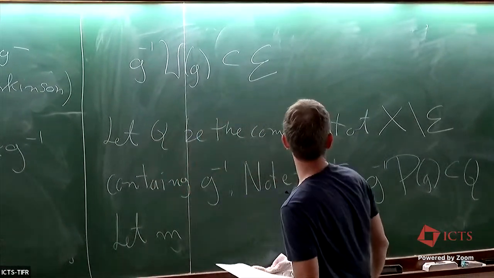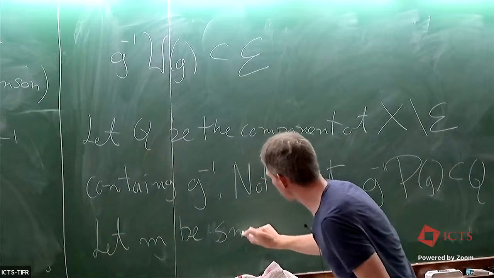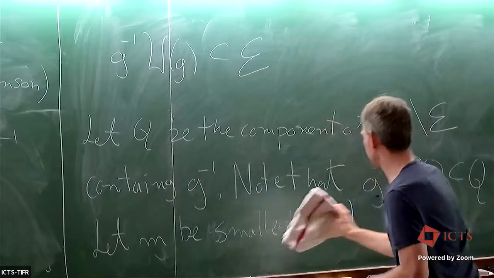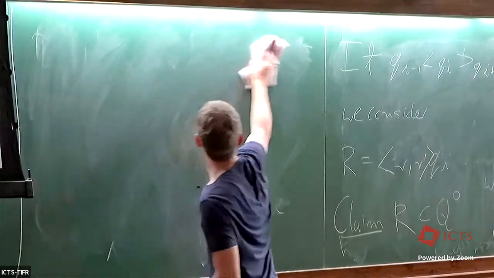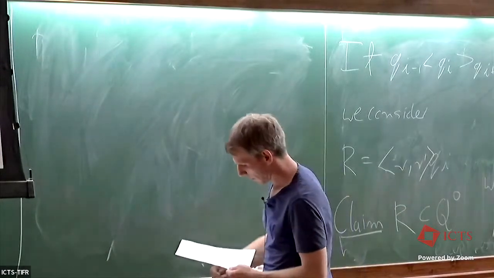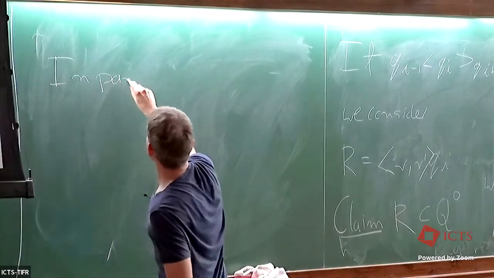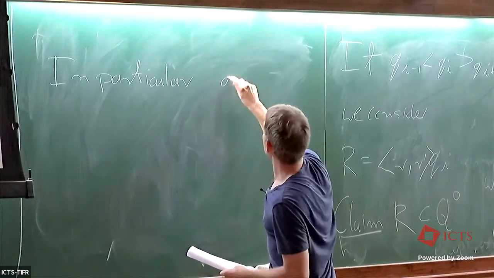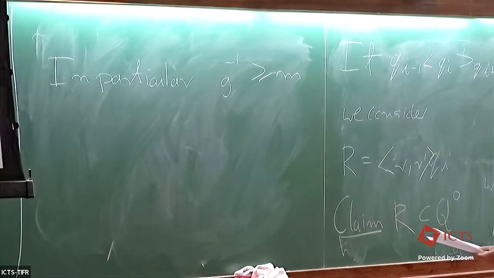Let M be the smallest element in Q, which exists from theorem 1. And then in particular, since M is smallest in the component Q containing G inverse, G inverse is larger than M. Because M is smaller than any other element there, in particular it's smaller than G inverse.